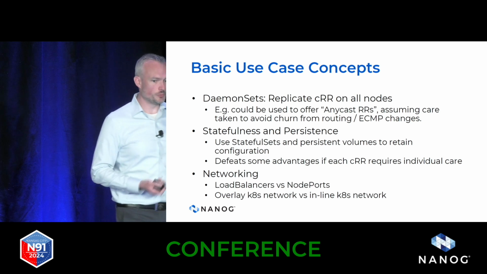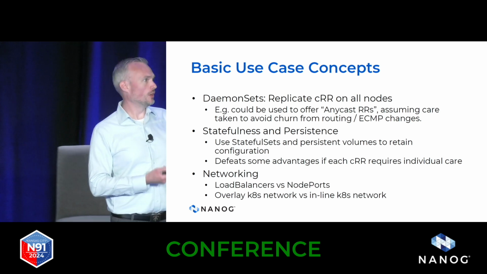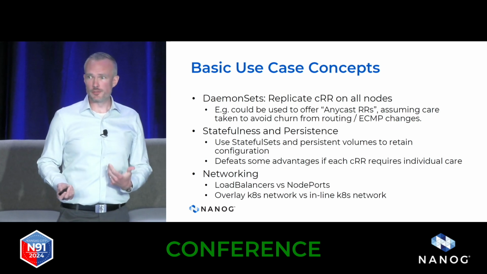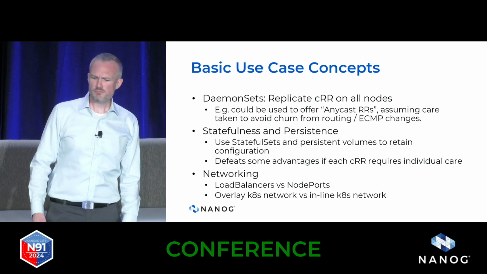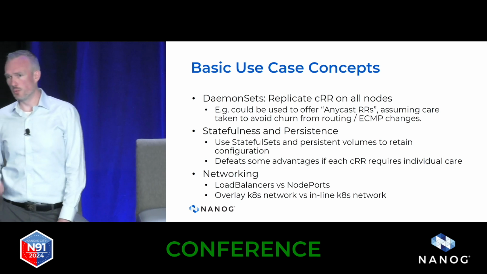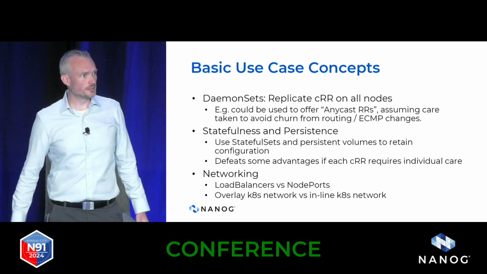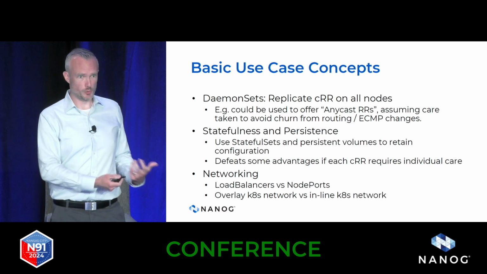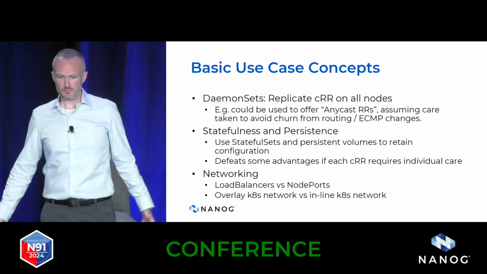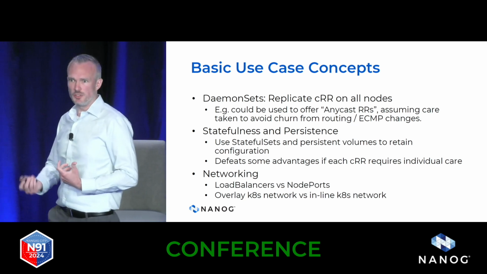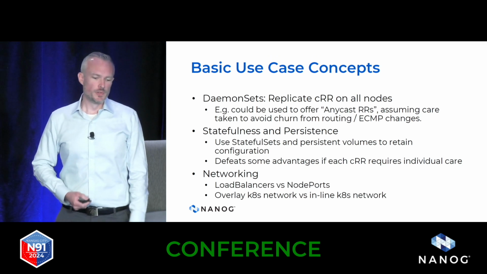Finally, I have options with regard to networking. So we talked a little bit about using load balancers versus node ports. There's another option that I have here when I build a K8s cluster. And the default simplest way to build a K8s cluster is using an overlay for networking between my nodes. This is generally something like a VXLAN, right?